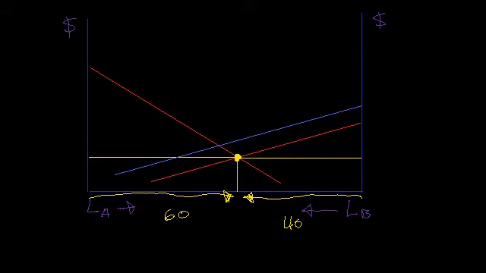We can see that as a result of this increase in demand for labor in region B, we have a new equilibrium. We have, first of all, more people have moved to region B as a result, right? And wages have increased in both regions as a result of this.